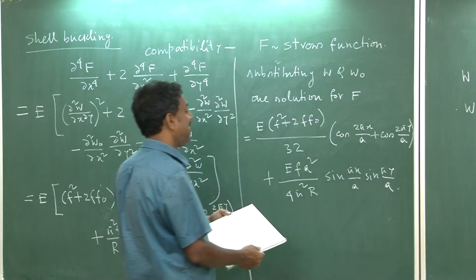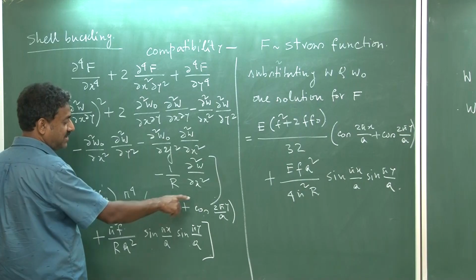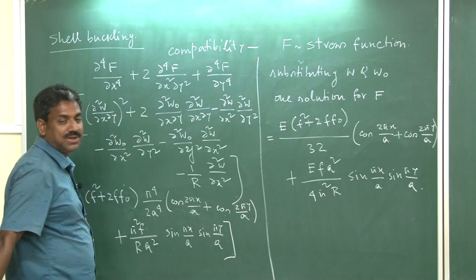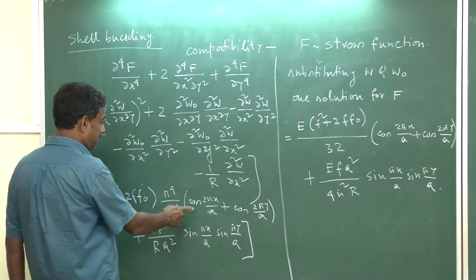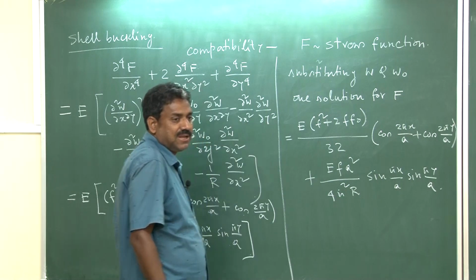So, essentially what you did, you assumed C1 cos 2 pi x by a plus C2 cos 2 pi y by a plus C3 and then you substitute and you will get this. Do you see that? So, this and this similarly will have this kind of term, right.